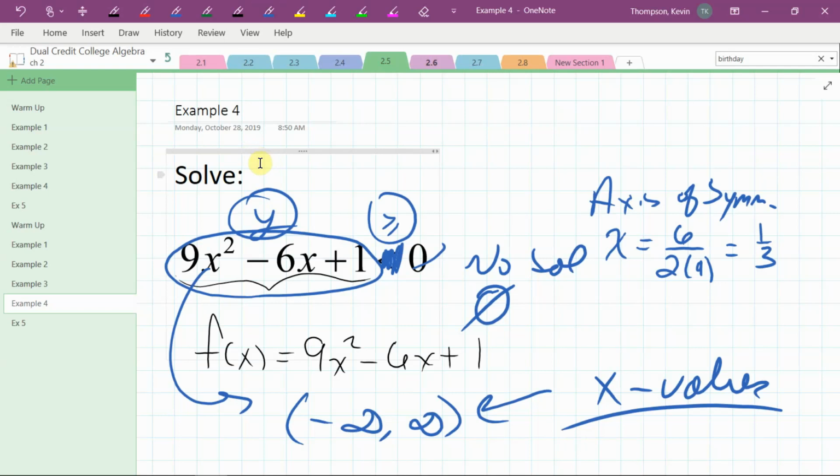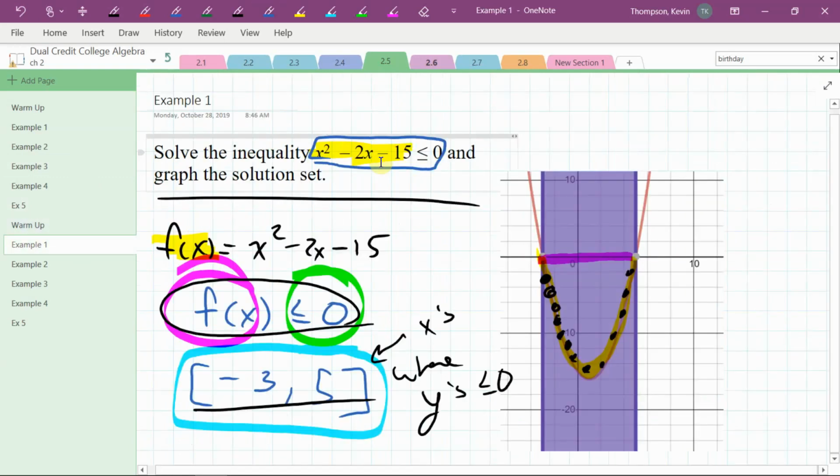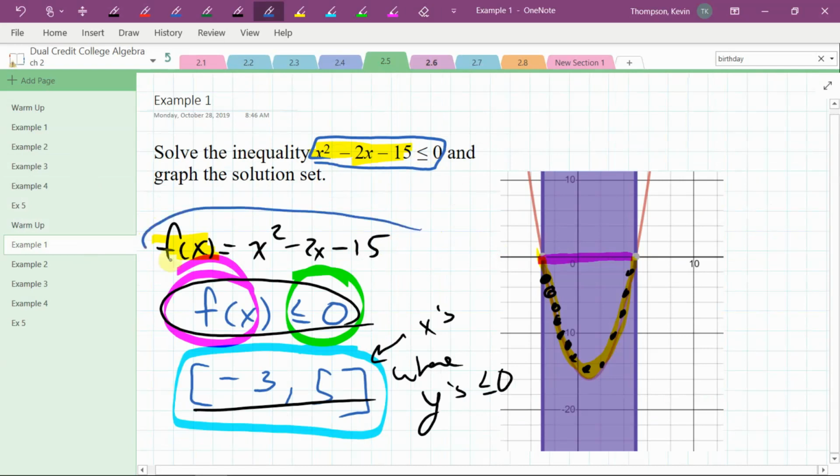You do have MyMathLab as well for this section. Really key ideas, going back to where we started. If you're trying to think about solving an equation or an inequality, it's really helpful to think about the function. So here's the function, there's the inequality. Why is that? Because then I can understand this graph, find its x-intercepts.